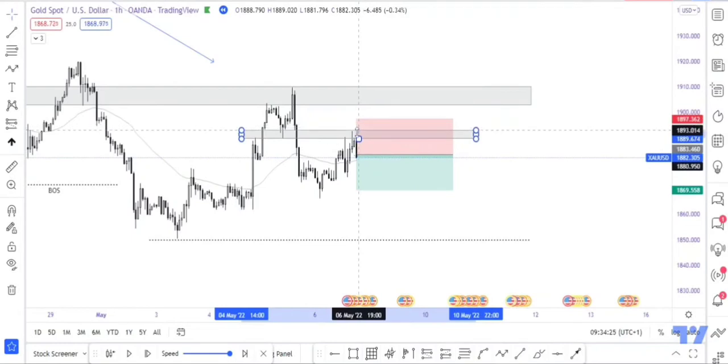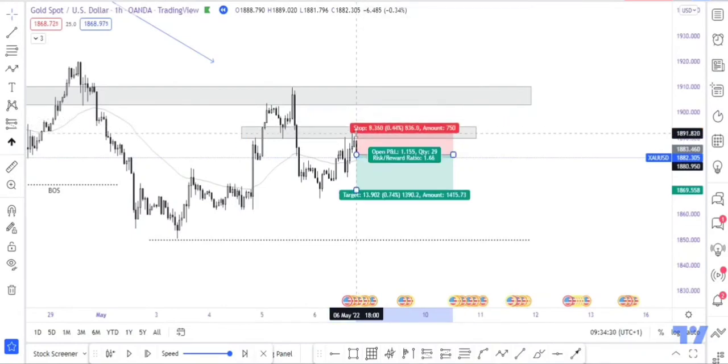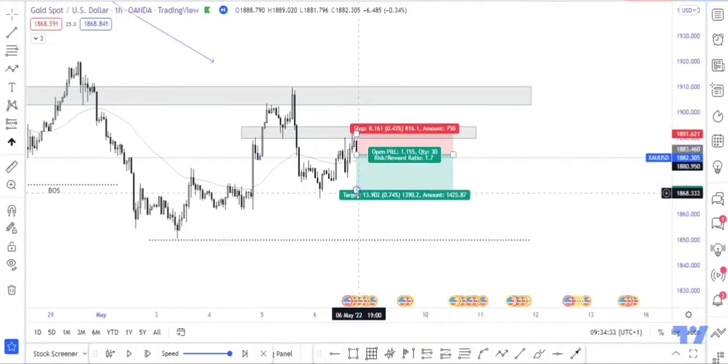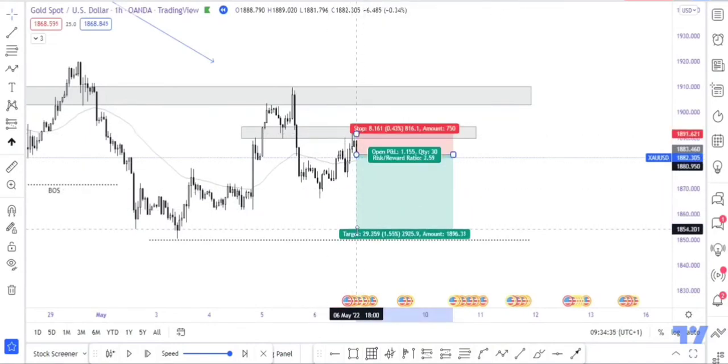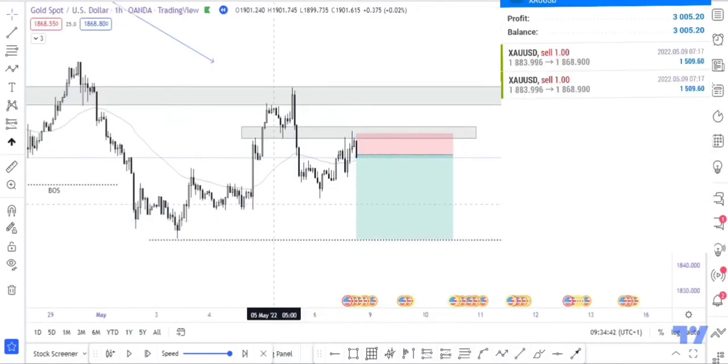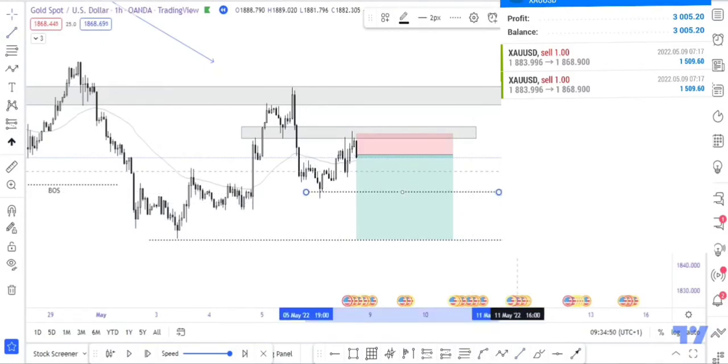We took a level right there, and our stop loss was just above this recent high, and our take profit was around here for a 1 to 3 or 1 to 4. Then this was our final take profit right around here, and this is our first take profit.